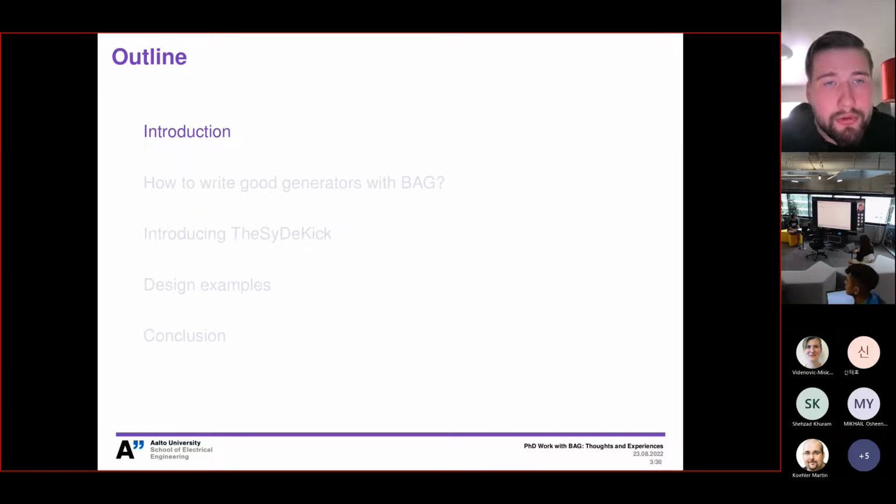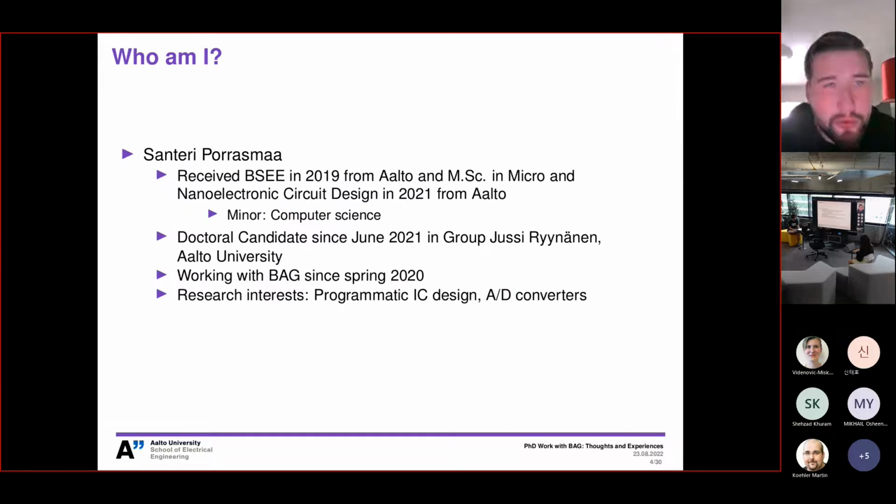Good. So first, starting with who am I? So once again, my name is Santeri Porrasmaa, and I received my Bachelor of Science in Electrical Engineering in 2019 from Aalto University, and then Master of Science in Micro and Nanoelectronic Circuit Design in 21, also from Aalto.